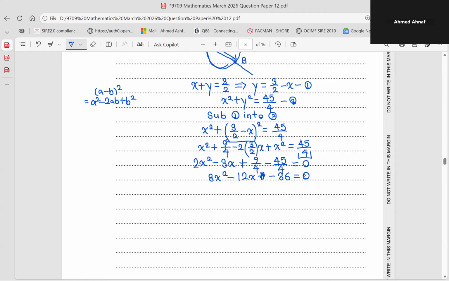So this is our final quadratic equation. If we solve for x, we're going to get the x coordinates of A and B. So let's try to factorize. Factorizing gives us x minus 3 and 8x.